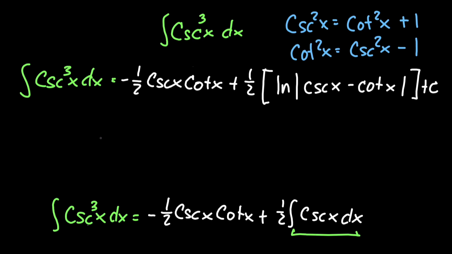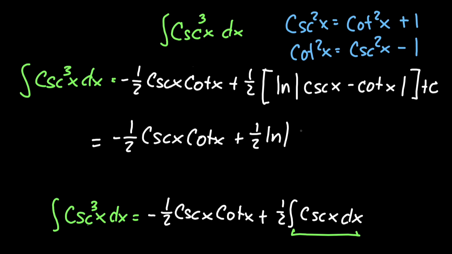And so the final answer right here would be equal to negative 1/2 cosecant x cotangent of x plus 1/2 the natural log of the absolute value of cosecant x minus cotangent of x plus the constant of integration.